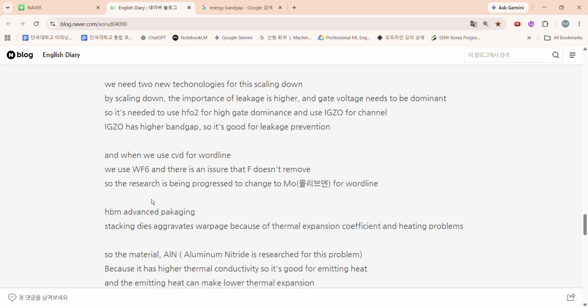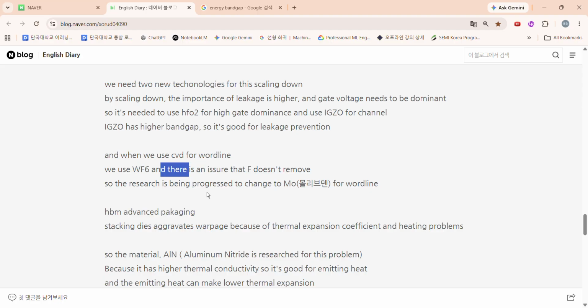And there are other technologies in Applied Materials. When we use the CVD process for wire making, we use WF6 precursor, and there is an issue about fluorine.